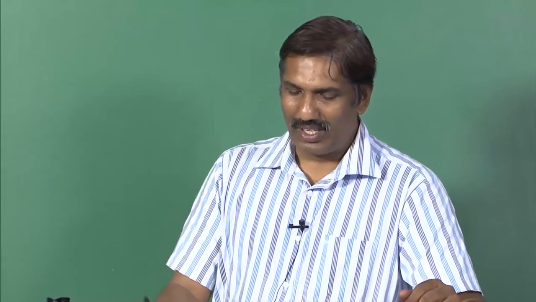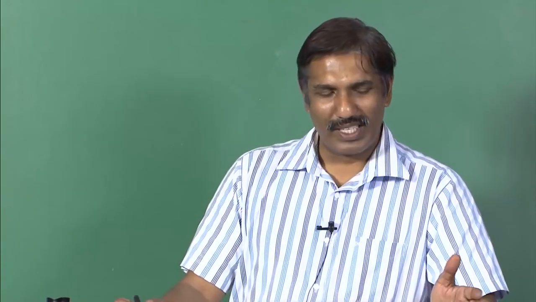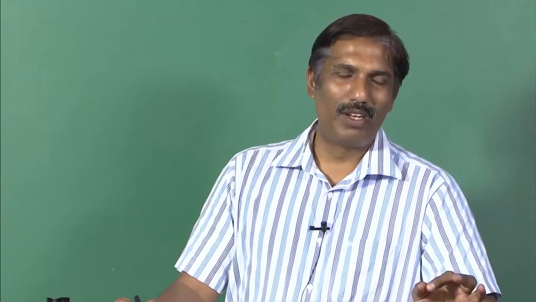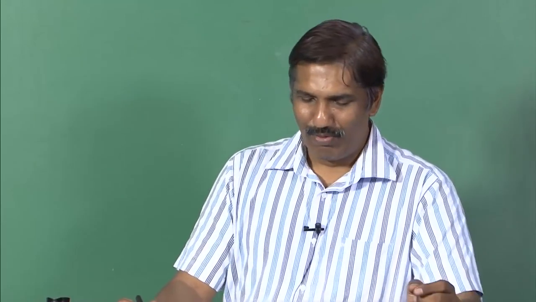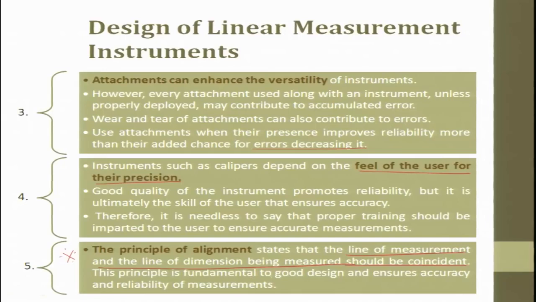For example, if they are not coincident and it is inclined at an angle, there will be a cos theta or a sin theta value added to the base when you get the result. The principle is fundamental to good design and ensures accuracy and reliability of measurement.